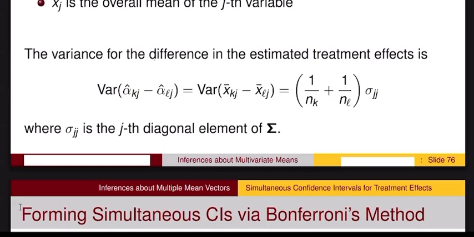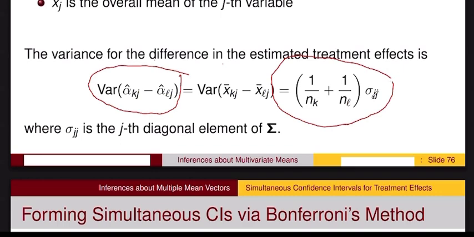Now, take a look at what I am showing. I want to find the variance of the difference of estimated treatment effects. The variance of that is going to be this, where sigma jj is the diagonal element of our covariance matrix.